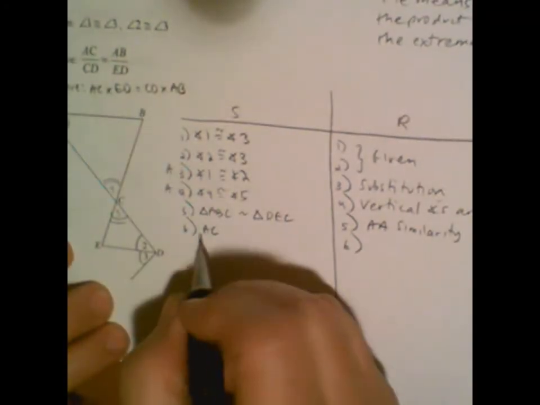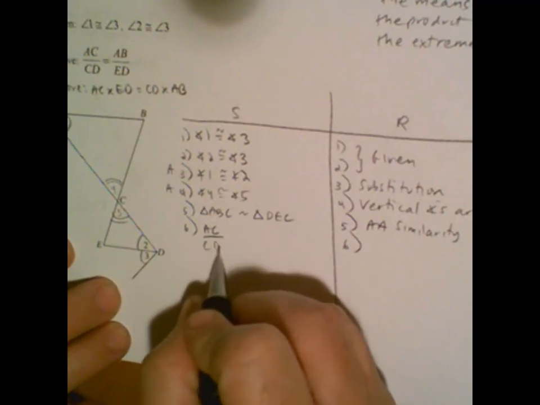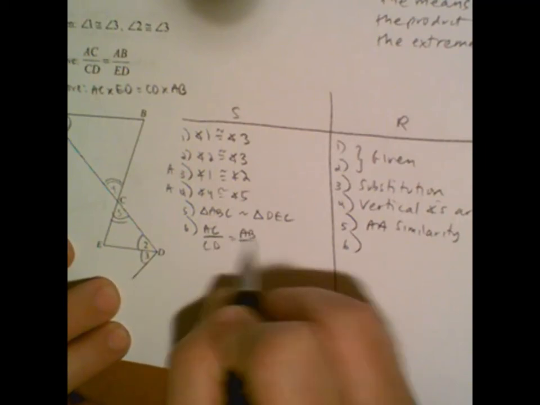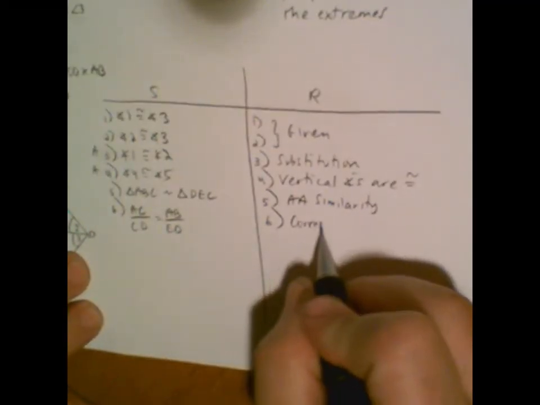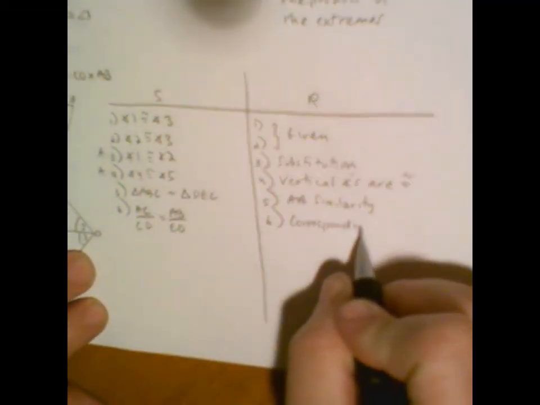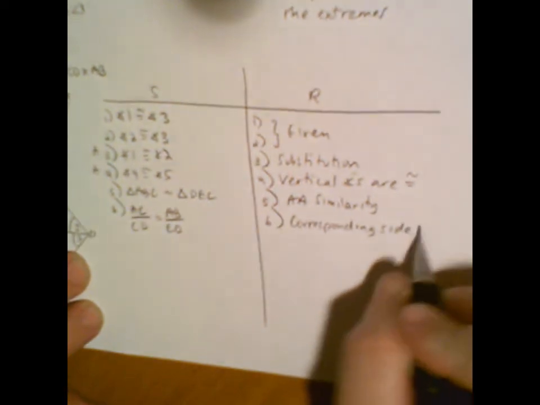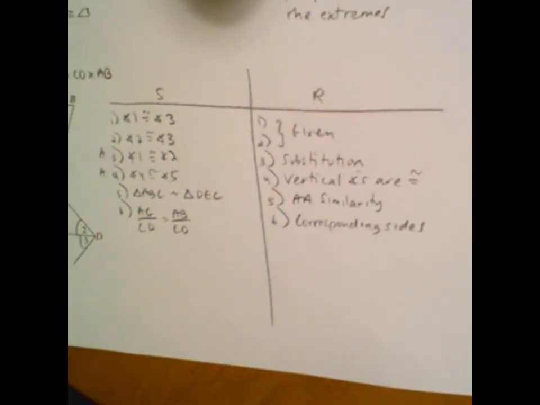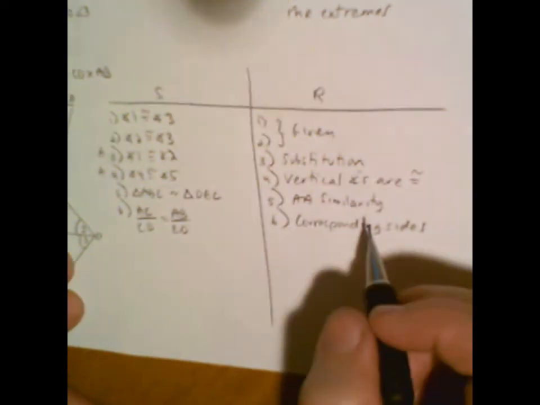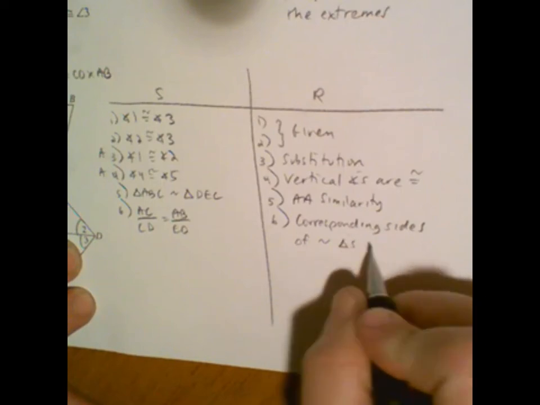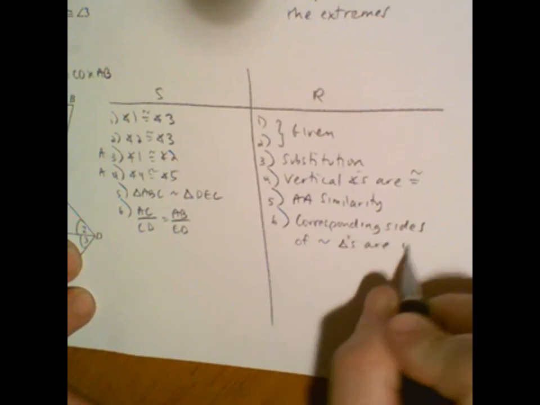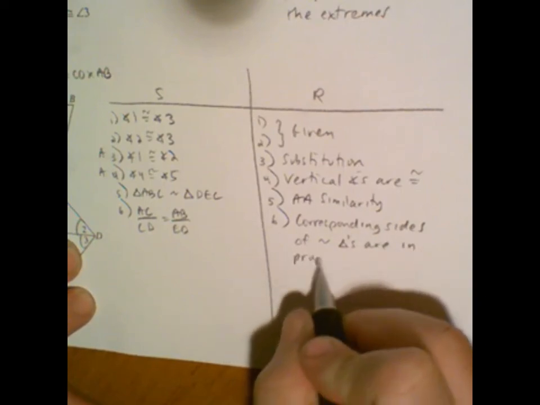So once again, AC is to CD as AB is to ED. Corresponding sides of similar triangles are in proportion.